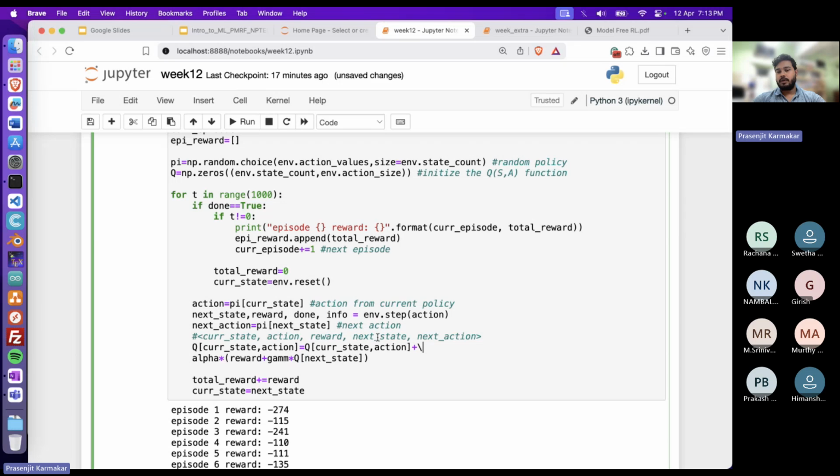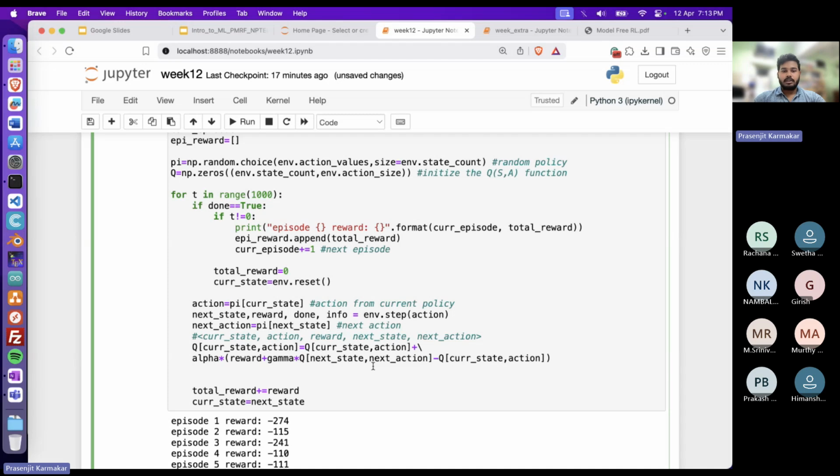This slash is the continuation operator in Python, so this entire line will be considered as one after the slash. So reward plus gamma Q of next state, next action, minus Q of current state, action. So we have the entire update equation.